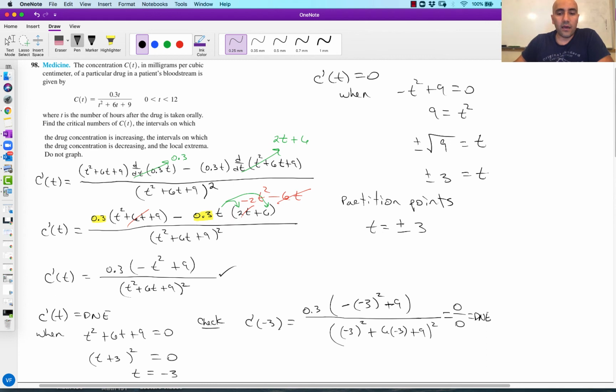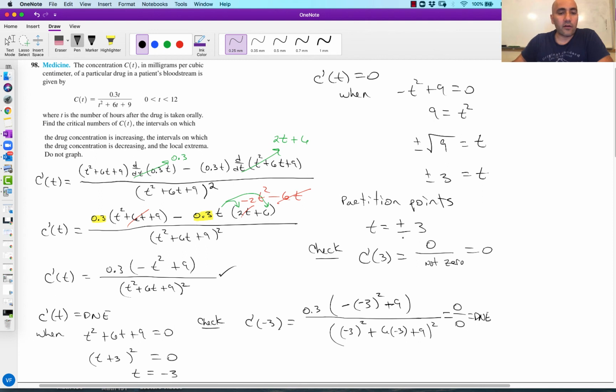And then the other one is the positive 3. Positive 3 also leads to a 0 in the numerator. And note that when we check the positive 3, C prime of 3, we're going to end up with a 0 in the numerator and something that's not 0 in the denominator. So it really is a 0.